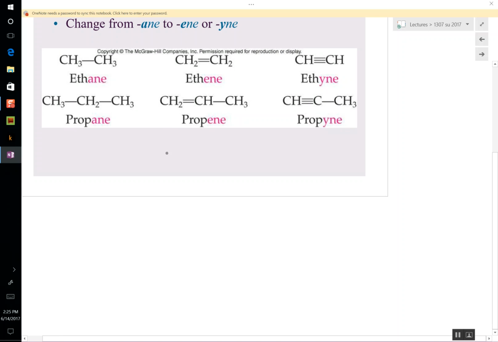If you imagine me writing it that way, that's the same as the molecule above it. I could pick that up, turn it over, and it'd be superimposable. So there's only one propene. There's not a 1 and 2 propene. There's just one. Same way with propyne.